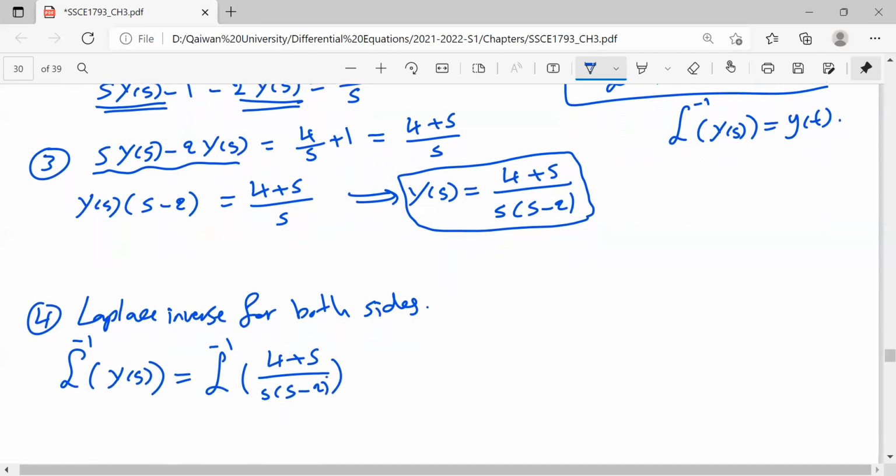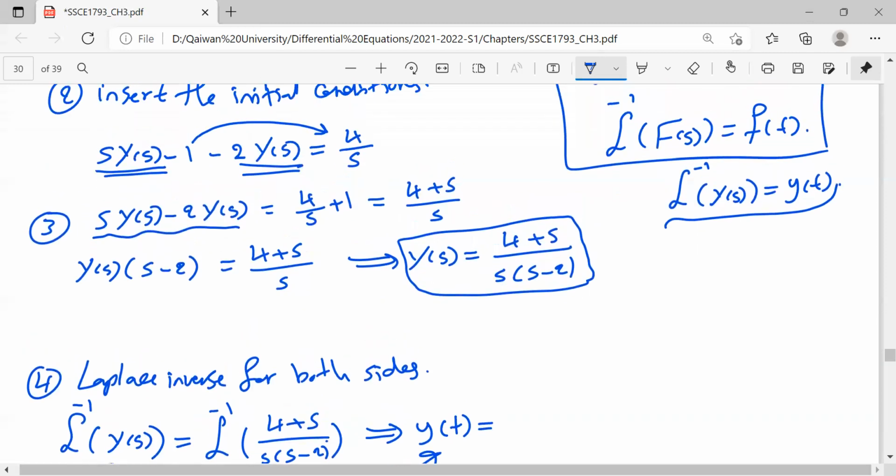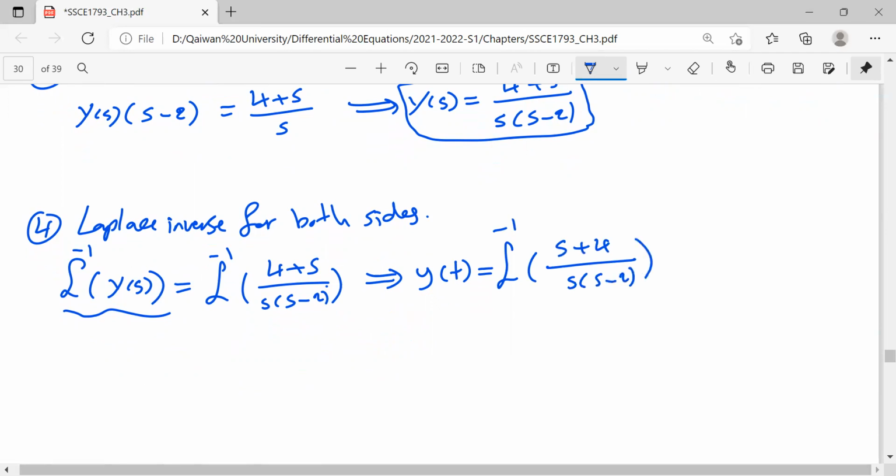Okay, now we say the Laplace inverse of Y of s is y of t, because as you see, I have written down here, the Laplace inverse of Y of s is y of t. It equals the Laplace inverse of s plus 4 divided by s times s minus 2.